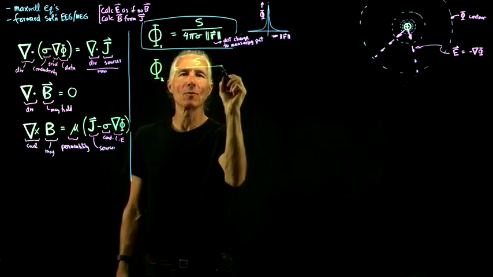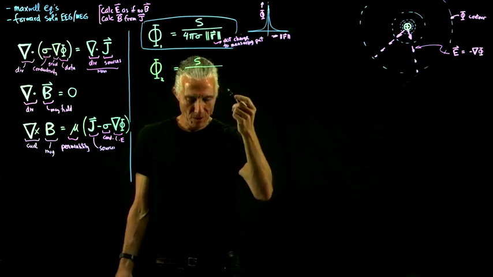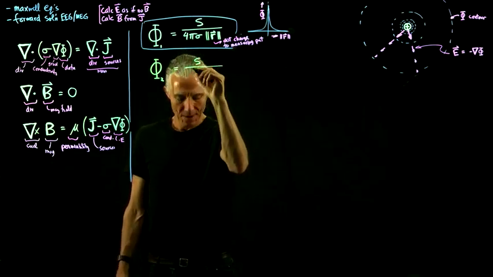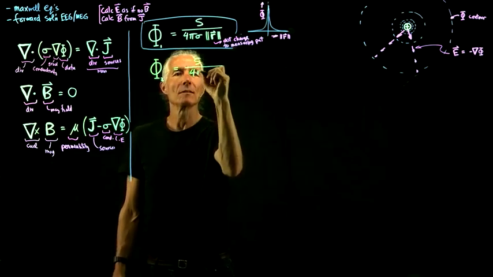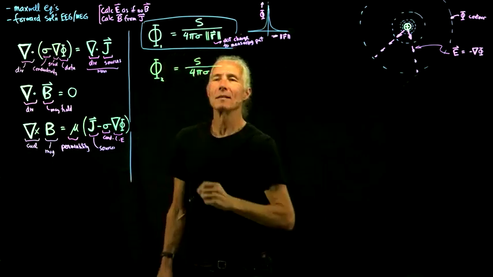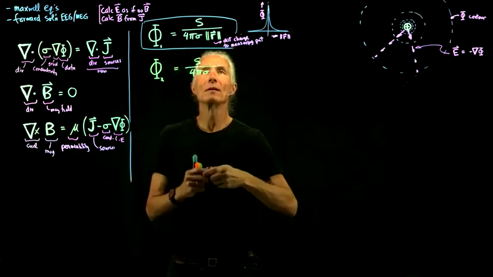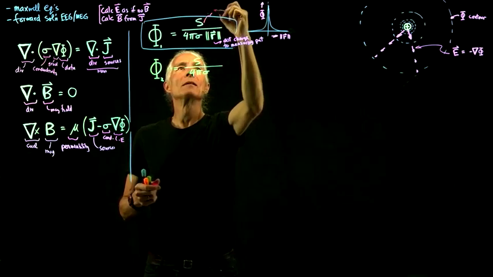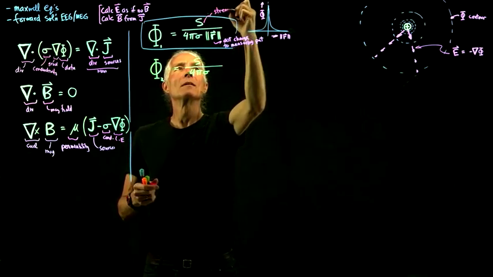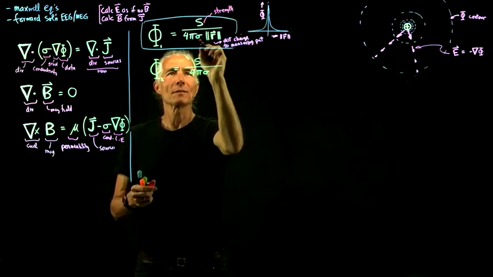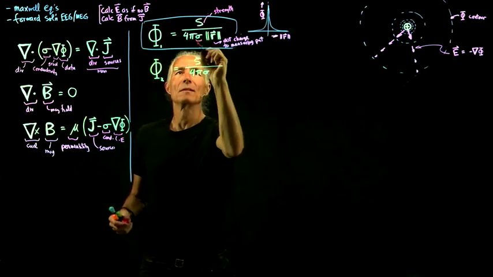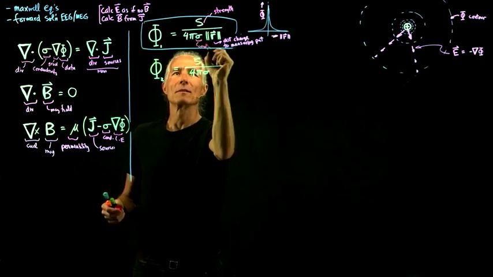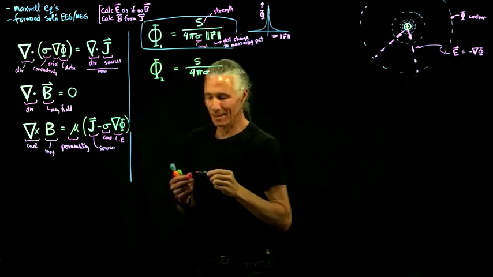So let's assume both charges are the same strength but opposite sign. Here's that same constant, which is just the strength, and that was the conductivity of whatever brain-like substance is inside.